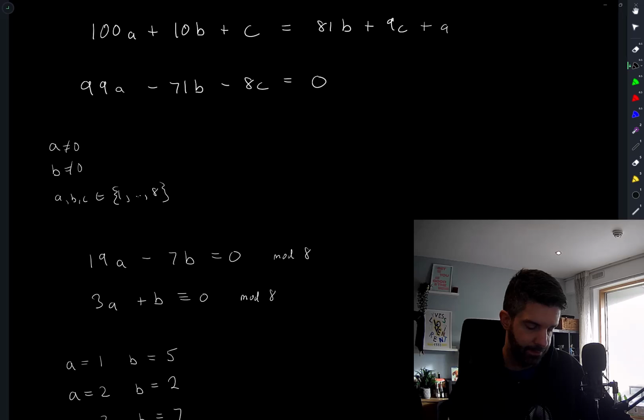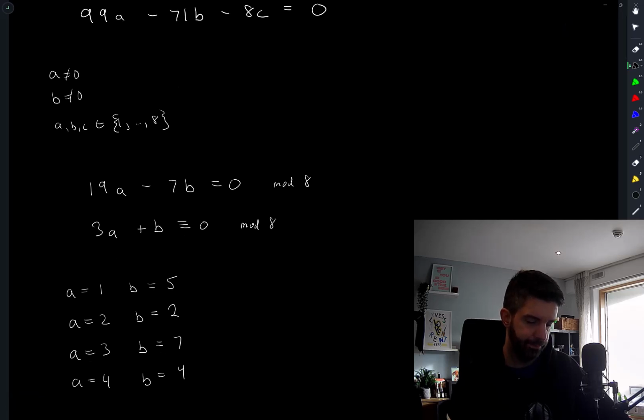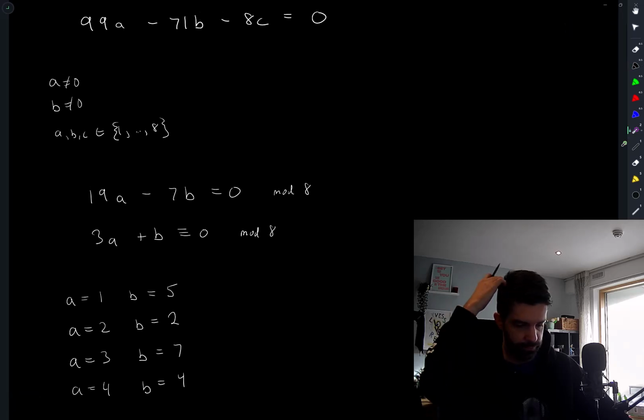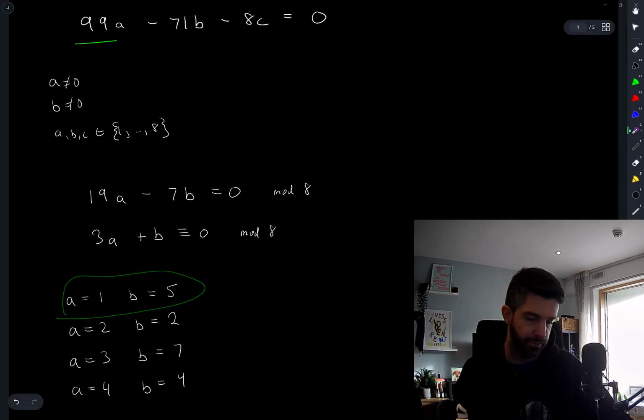Well, some of these we might be able to rule out. I've already ruled this one out actually from the original equation, right? Because if A is 1, then I have 99, B must be equal to 5. That sum would be negative, and so we can't have this thing equaling 0.